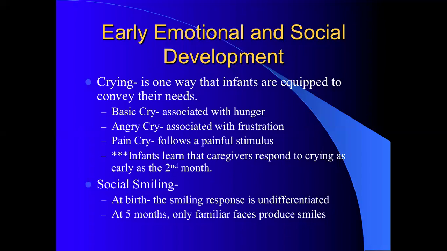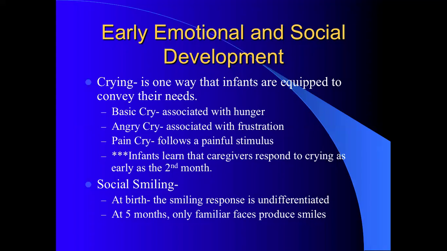We also have smiling. Smiling is another basic expression of emotion in infancy. Now, you'll see babies will smile pretty undifferentiated at birth. They'll smile at everything, anything, any change of stimulus. But by 5 months, they start to recognize patterns in their environment.